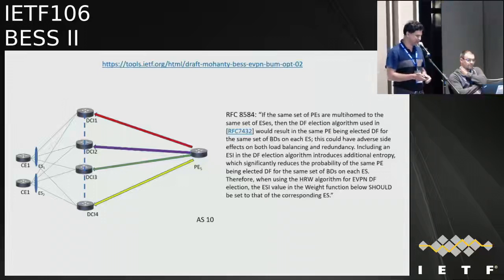But for this particular case, we do not really want the ES to creep into the equation. Why? Because for both ES1 and ES2, the DF should be unequivocally the same DF, same DCI, which means that we can set the ES to 0, and then irrespective of the ES, they will all map to the same DCI or the PE.